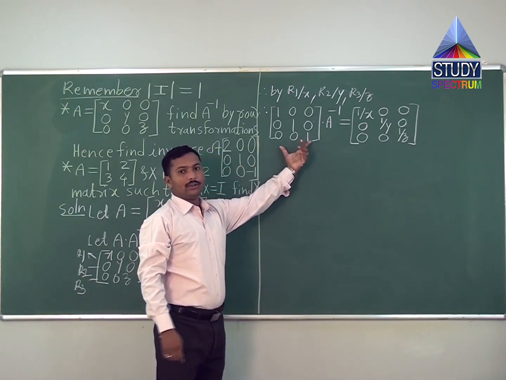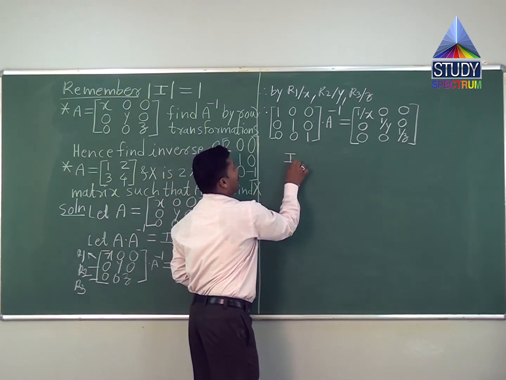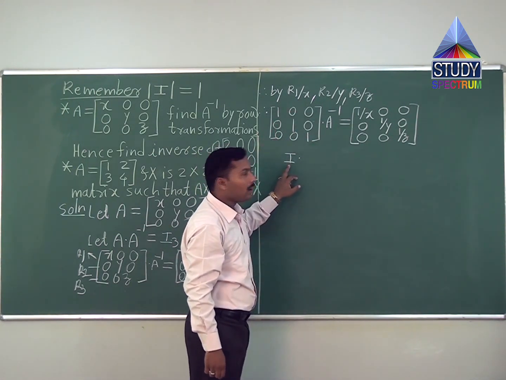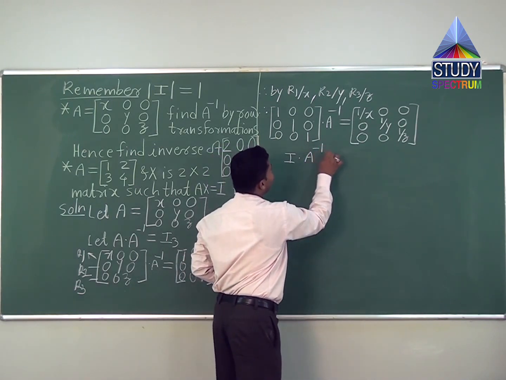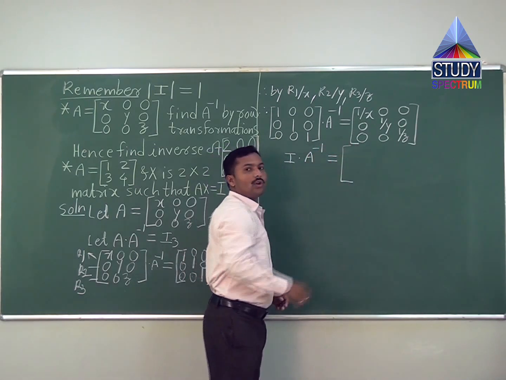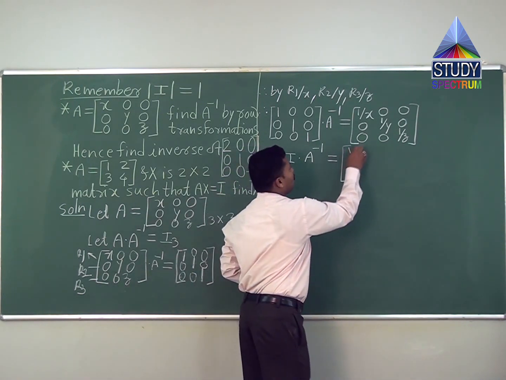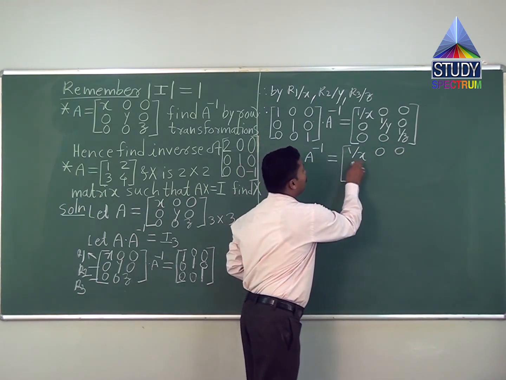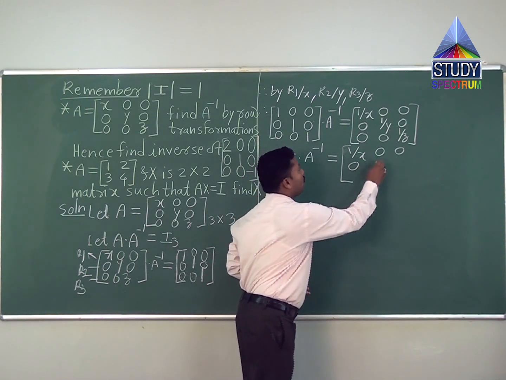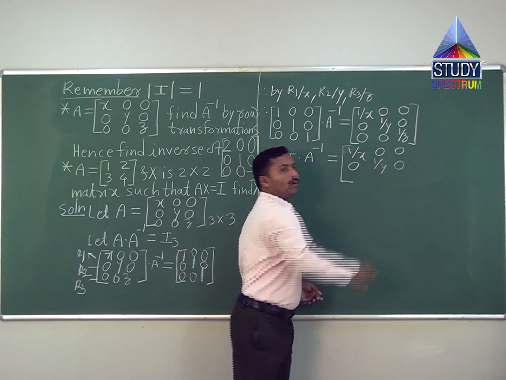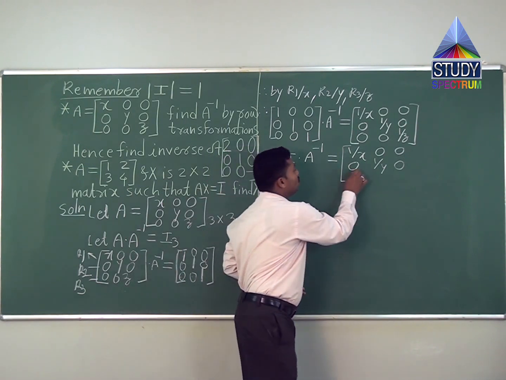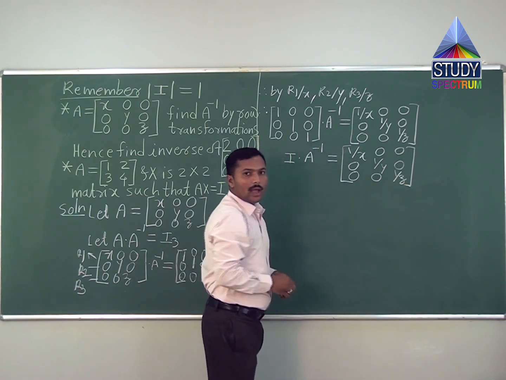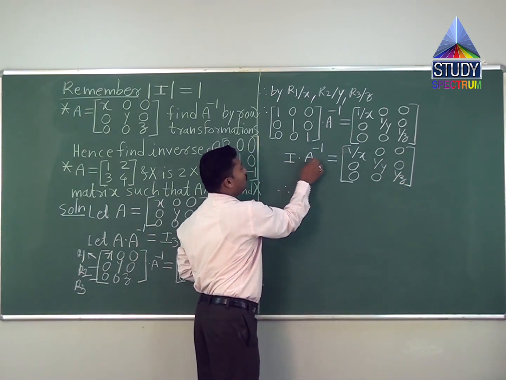So this value is capital I, the identity matrix. The notation for the identity matrix is capital I, into A inverse equal to this obtained matrix: 1 upon x, 0, 0; second row 0, 1 upon y, 0; and last third row 0, 0, 1 upon z. And therefore I into A inverse means what?